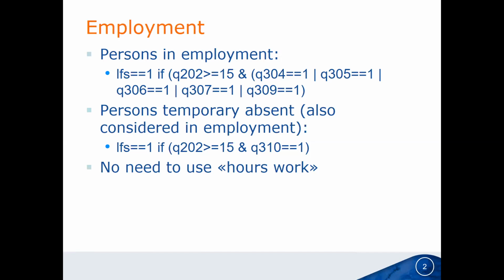So there is no further need to use the variable related to hours of work for the classification of persons in employment. We will use them, of course, when we want to look at number of hours worked per week, but for the filter to see who is in employment or not, we don't need to use this criteria. So is it clear for everyone, the questions, the variables that we are using to define employment?